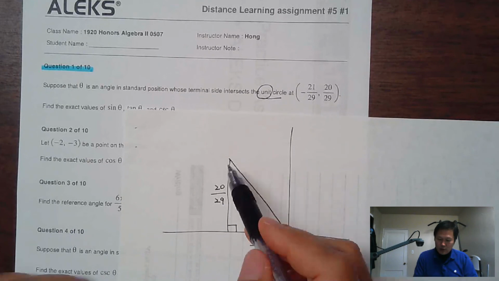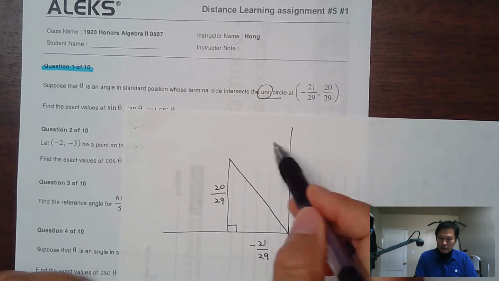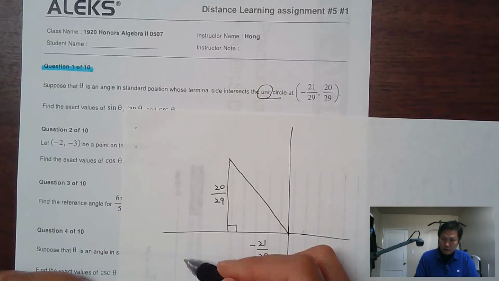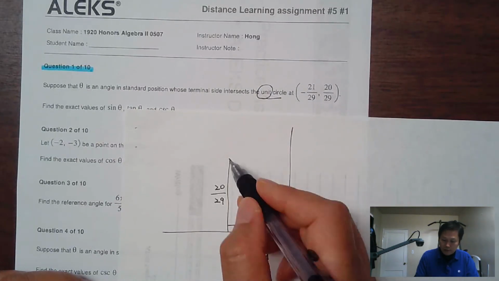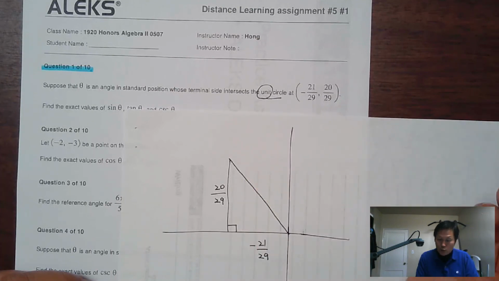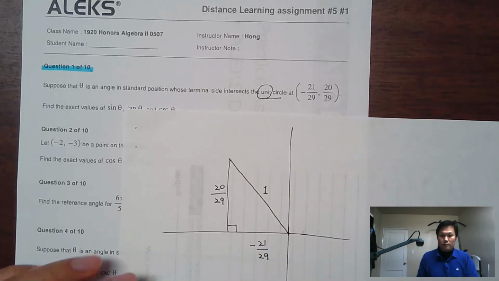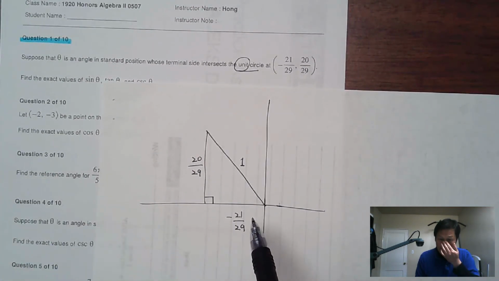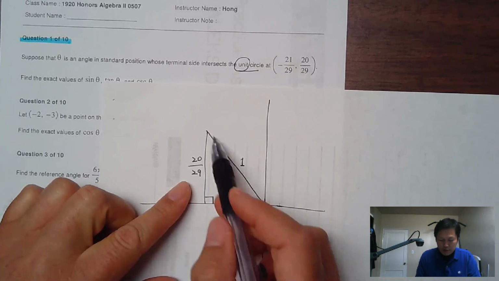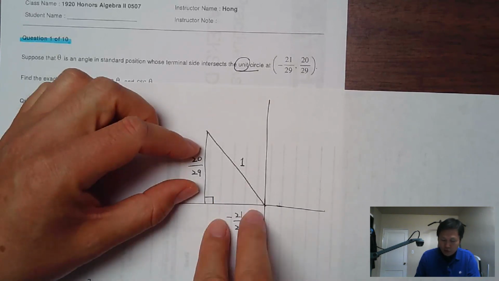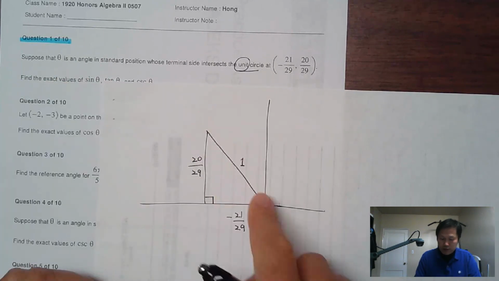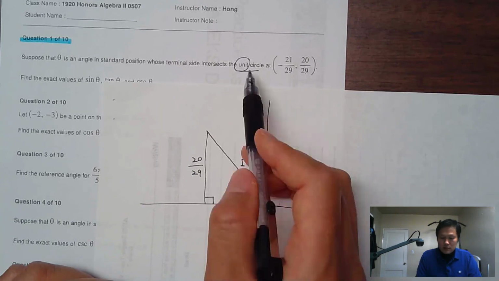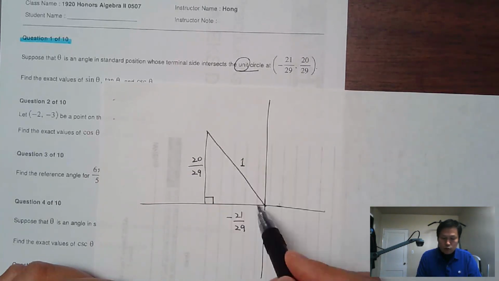A unit circle means you have a circle like this, and this length will be the radius of the circle. Unit circle means the radius is 1. This is 1. If you apply the Pythagorean theorem, a squared plus b squared equals c squared, you do the squares, and then take the square root, you will get 1 as the hypotenuse. But since they said unit circle, the radius will always be 1.